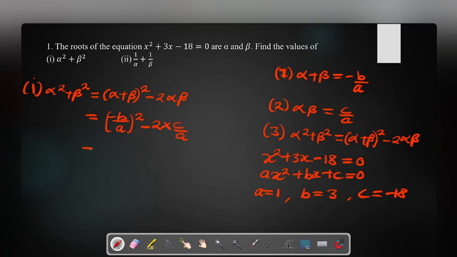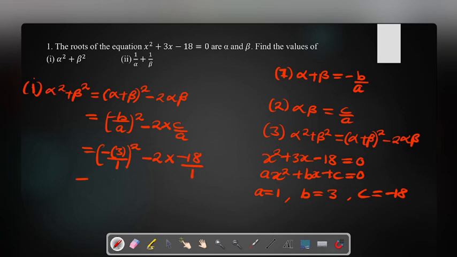Now we can substitute with the variables that we have. We say negative, open bracket, b is 3, over a is 1, then we square, then minus 2 times c, which is negative 18, over a, which is 1.